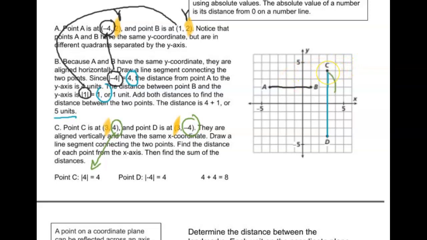So from C to here is 4 spots. For point D, I'm taking the absolute value of -4 because that is how many I fell down. The absolute value of -4 is 4. That means from here down is 4. I'm going to add these two together and I get 8, which is just what they got there.